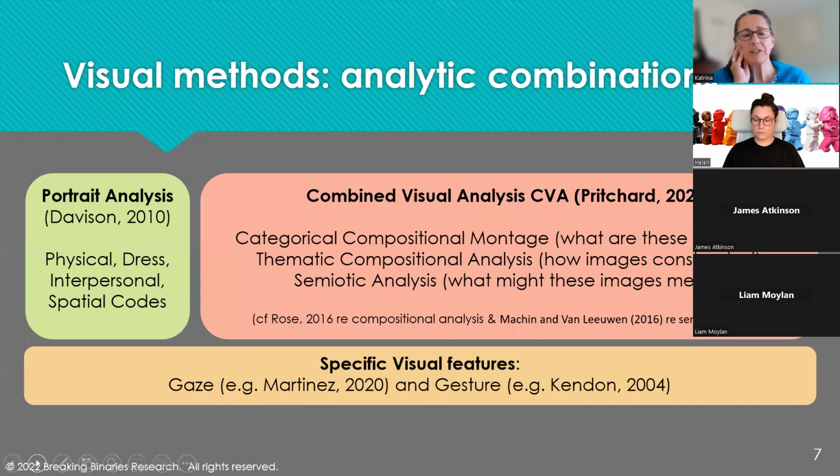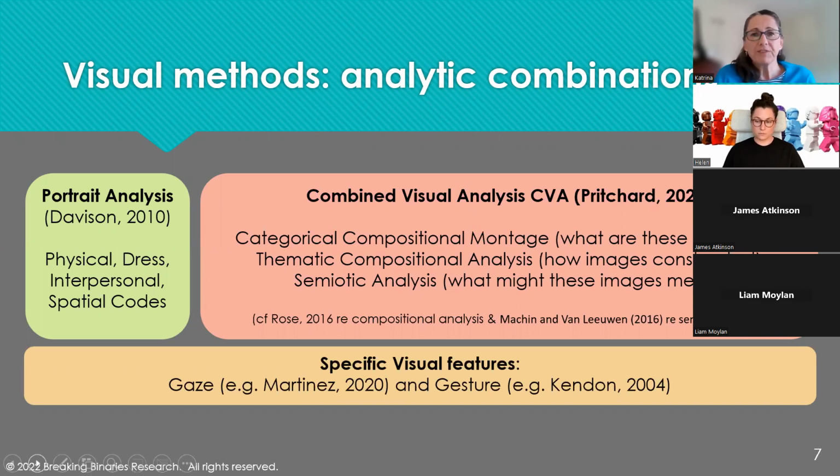And in combined visual analysis, the emphasis is on keeping the visual center stage and using montage approaches in which you physically put different images together so that we are not replacing the visual with a code that is a word or a lexical code. So we keep the image center to the analysis.